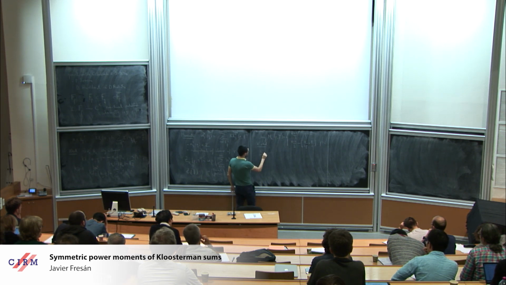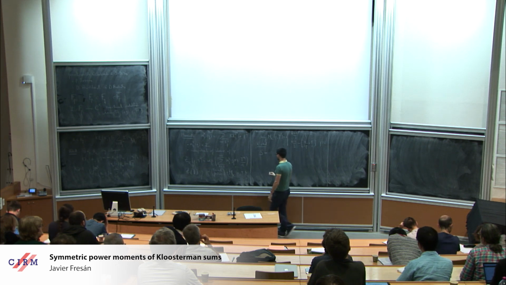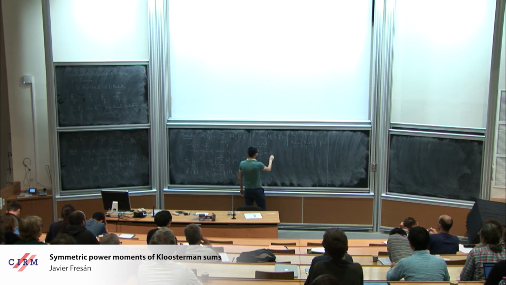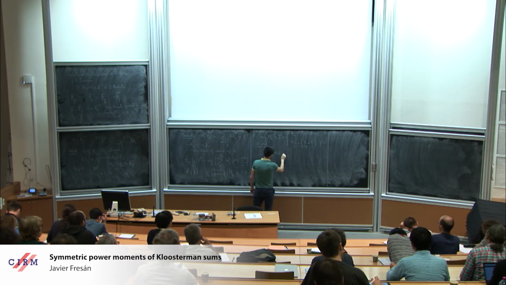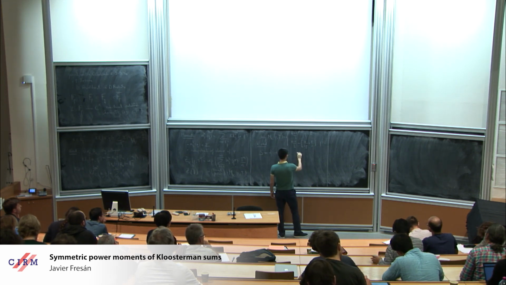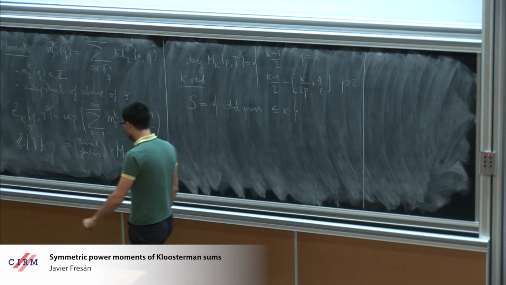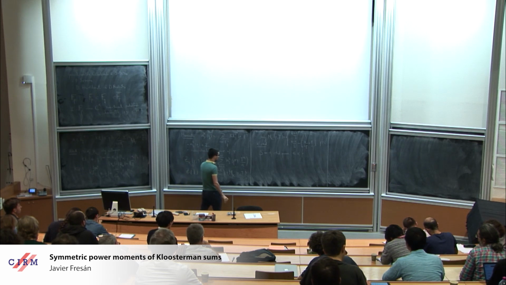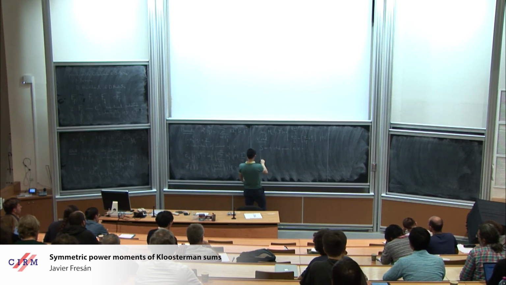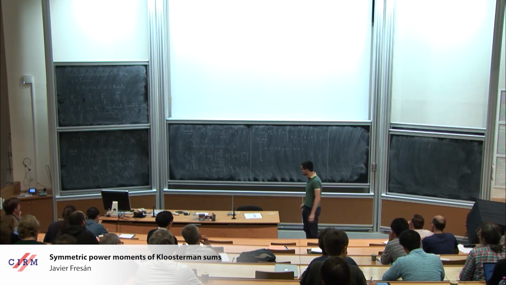So I want to denote by S the set of primes for which the degree is smaller than this common value. So these are the odd primes smaller than or equal to k. Everything so far was local, so I was working with a given finite field F_p.